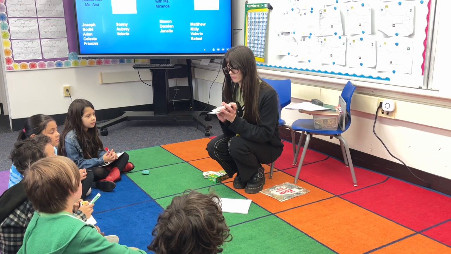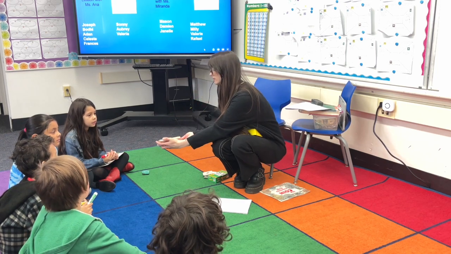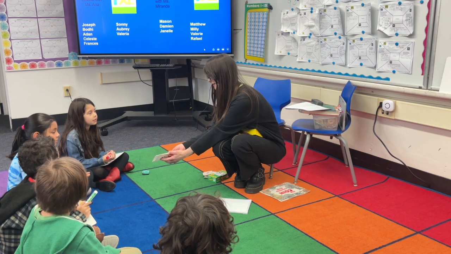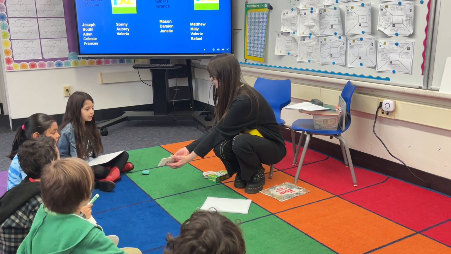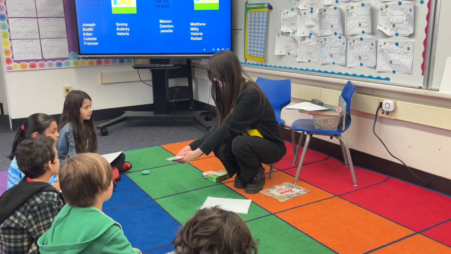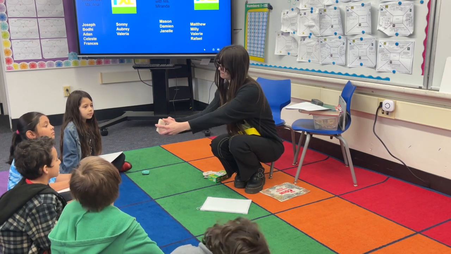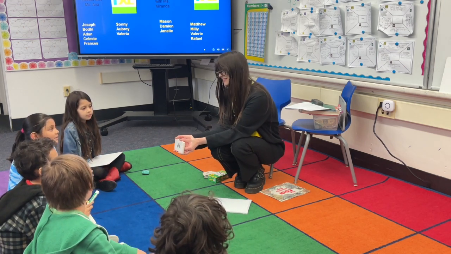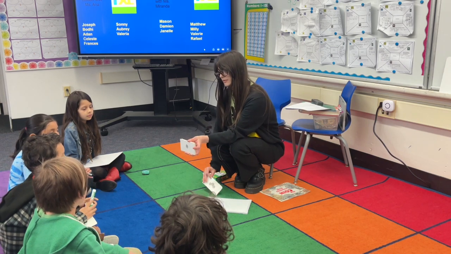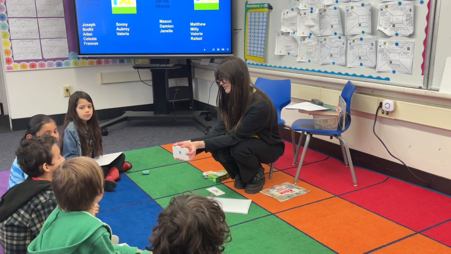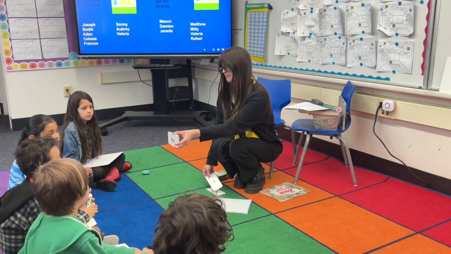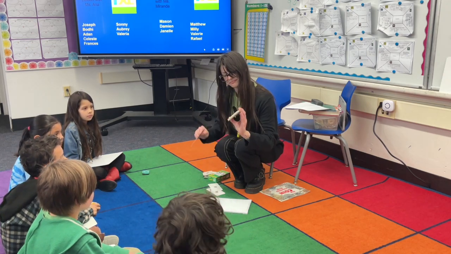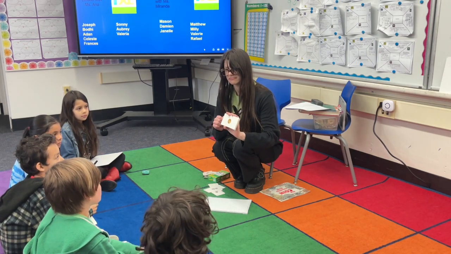And now, those are dots. Very good. Bless you. Okay, now, 15 cents for this page. $1.